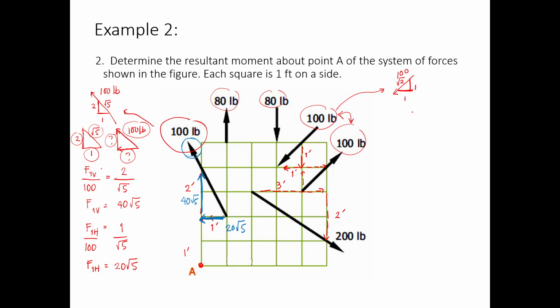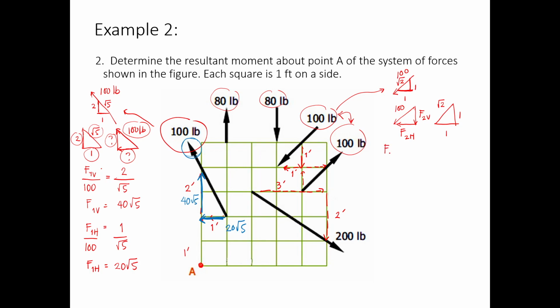Okay, so writing it in different diagrams to create a similar triangle concept. So this is 100. Let's say this one is F2V, then F2H. Then you write the other triangle: 1, 1, and then square root of 2. Again, through ratio and proportion, we can solve your vertical force and horizontal component.